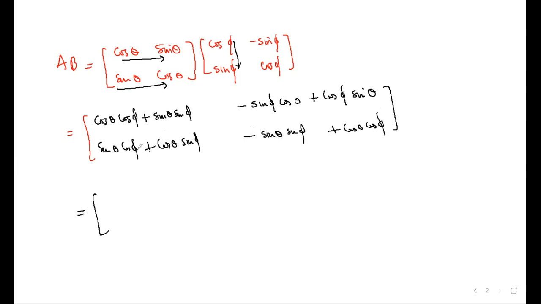What do you call this? Cos theta cos phi plus sin theta sin phi, what is it? Cos of theta minus phi. Very good, cos A cos B plus sin A sin B. Cos of theta minus phi. Here sin of theta minus phi, and here again cos of theta minus phi.